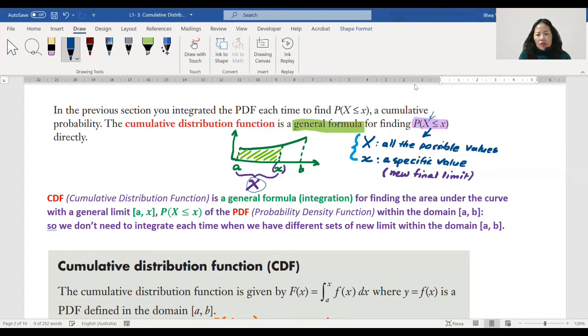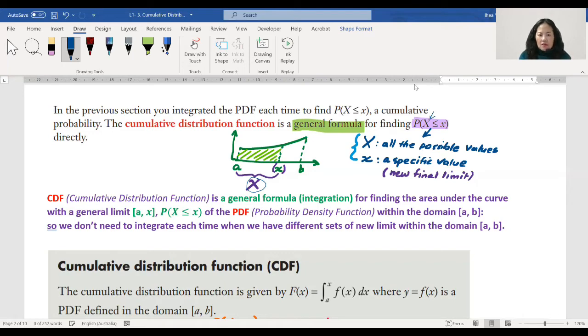Okay, so our domain is A and B still, but we're going to give a value x so that we can find the area under the curve up to that limit. Okay, so before with the PDF, we had to integrate every time we got a new set of limits.